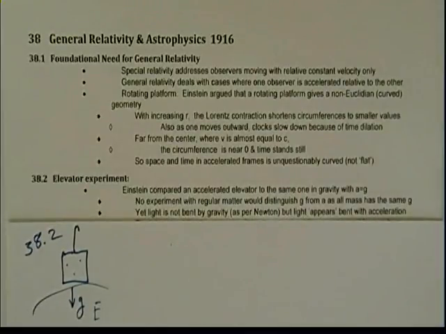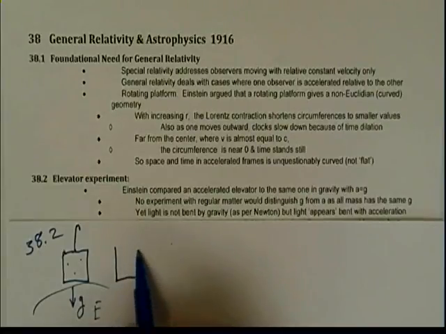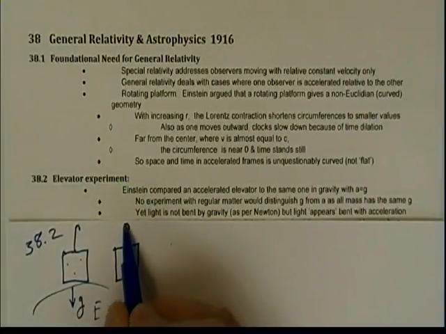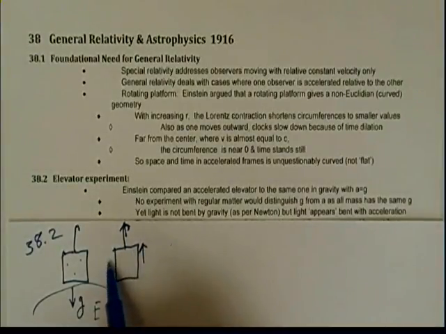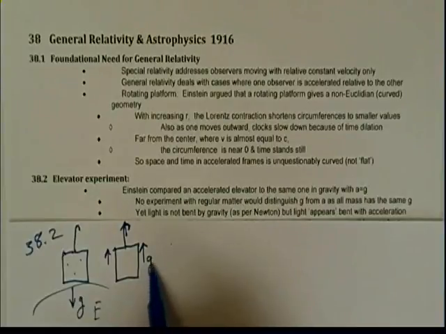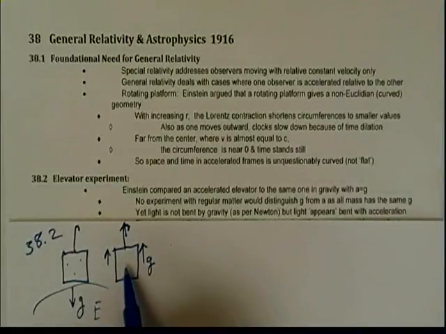Now I want to imagine another experiment, another elevator, and there's no Earth there, but in fact this hook is being accelerated upwards, so the whole elevator is accelerating upward with an acceleration equal to g. The question that Einstein asked is, can we distinguish the elevator that has an acceleration of g from an elevator that's sitting still but feels gravity?